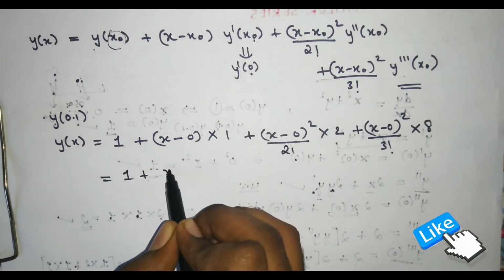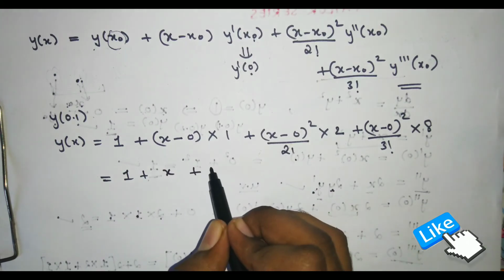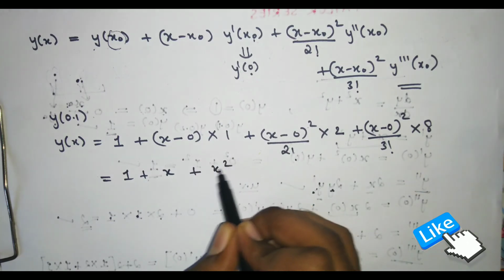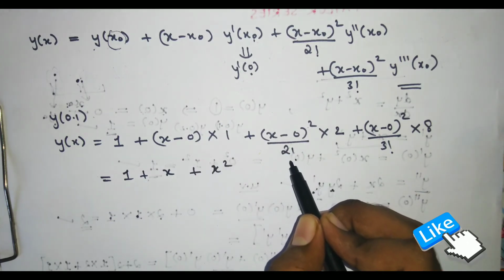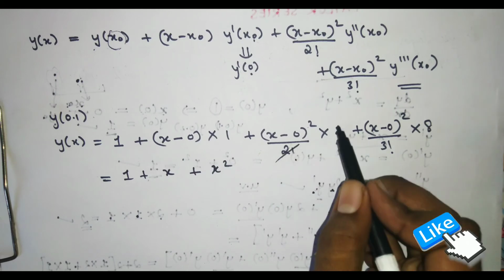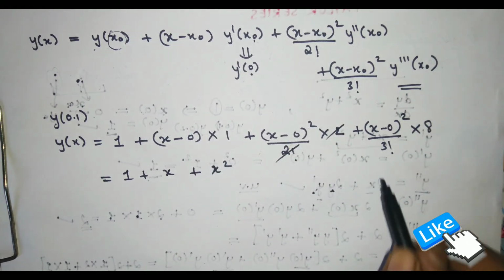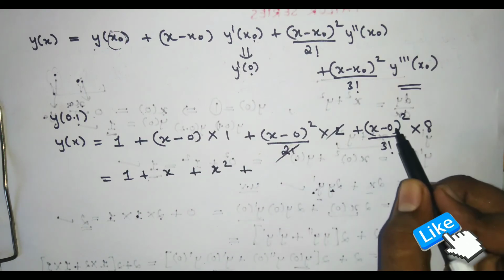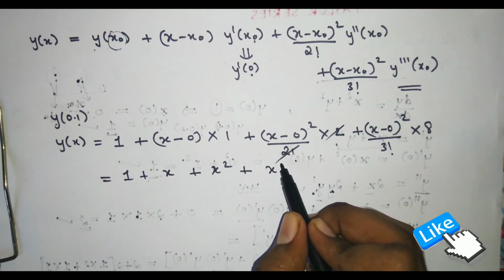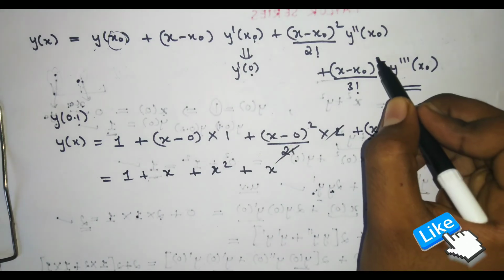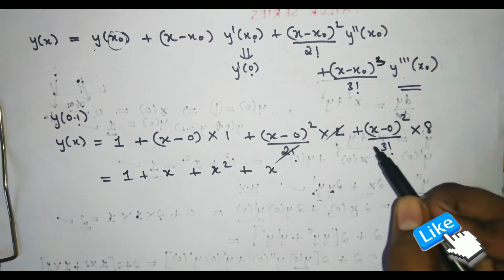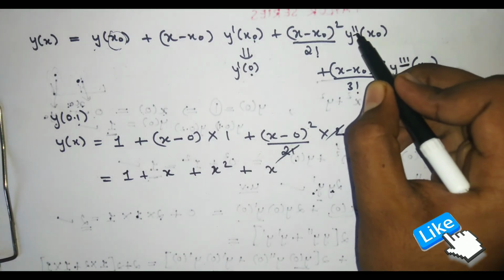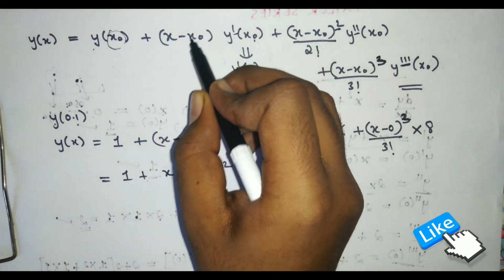1 plus this becomes x, plus x square by 2 factorial. 2 factorial is 2 itself, so the 2s get cancelled. Plus x power 3, oh sorry, this becomes cube, right? When the triple derivative comes, cube will come; for the double derivative, power 2 will come; for one derivative, power 1 will come.